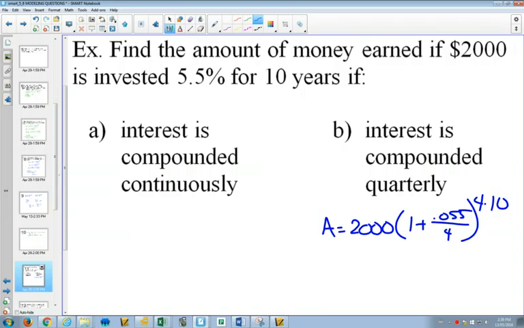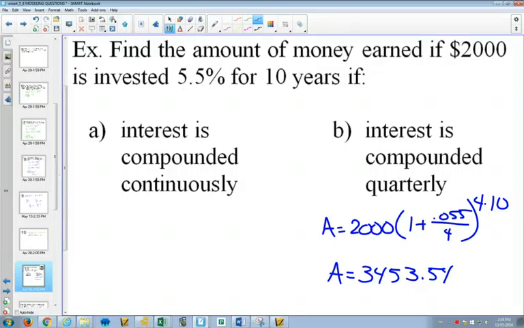How much is this amount? So compounded quarterly over 10 years, you're going to get $3,453.